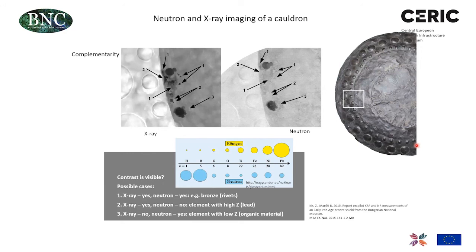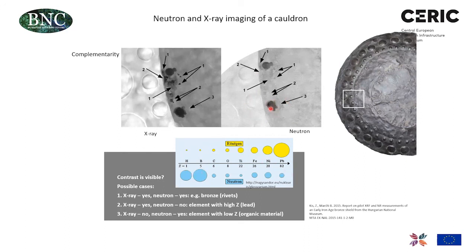So we first made radiograms by X-rays and neutrons. If you compare the two images, you can already see spots which have more contrast in the X-ray image than in the neutron image, or vice versa. This can already give you some indication of what elements can be present in that area.